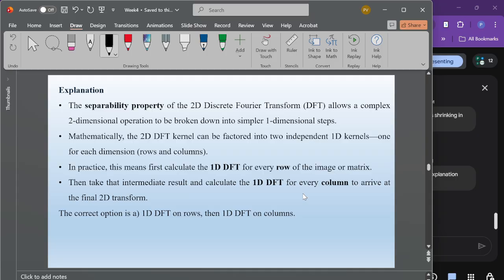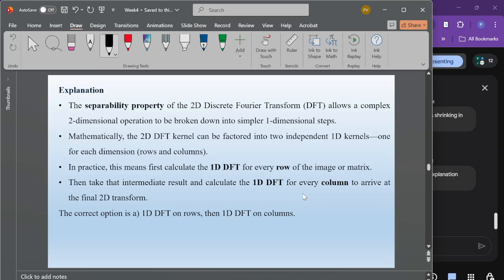The separability property of the 2D discrete Fourier transform allows a complex two-dimensional operation to be broken down into simpler one-dimensional steps. Mathematically, the 2D DFT kernel can be factored into two independent 1D kernels, one for each dimension, the x or y dimension, or you can say rows and columns.